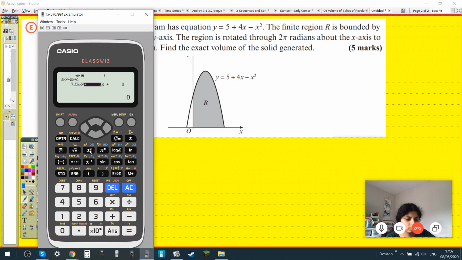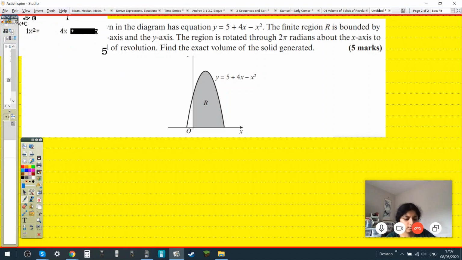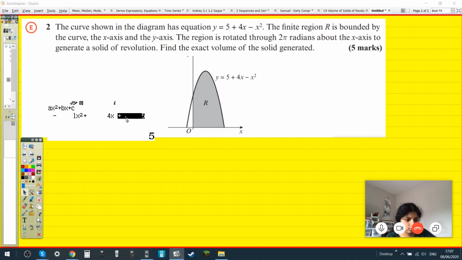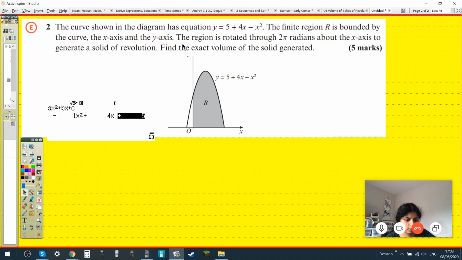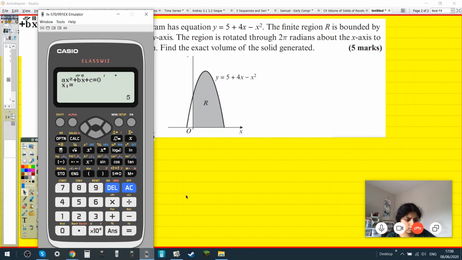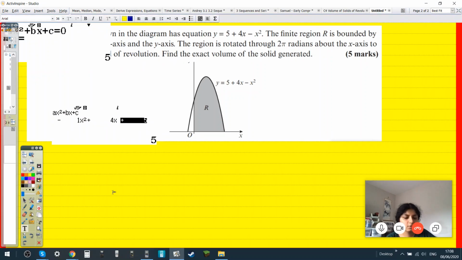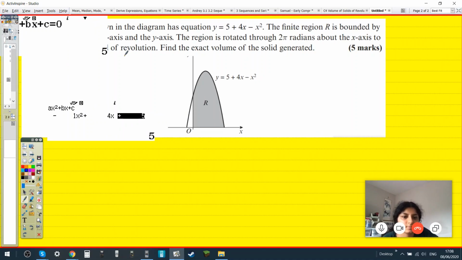Minus 1. 5. 250 pi. So we believe 250 pi. That's the exact volume.